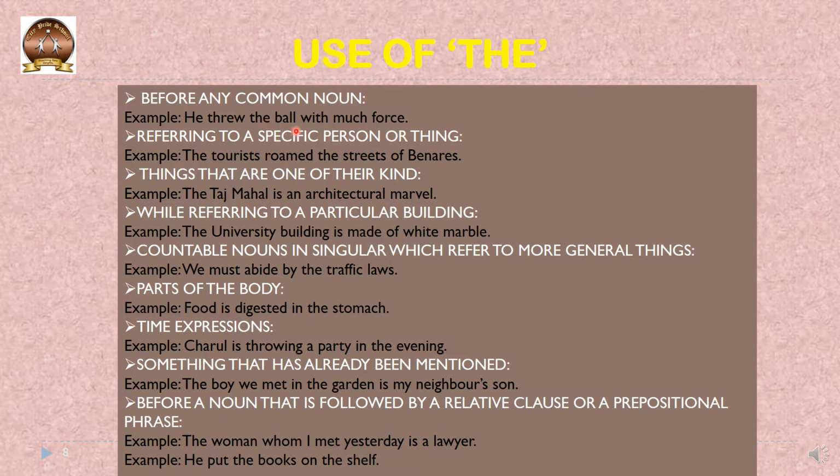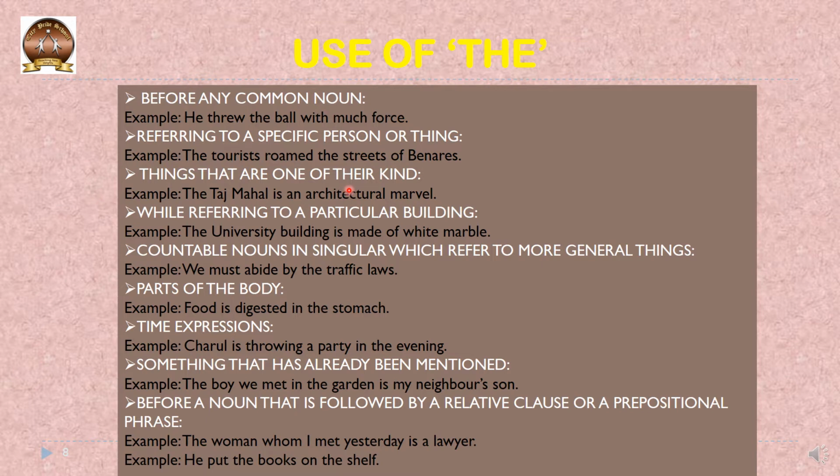So the ball is a common noun referring to a specific thing. The tourists roamed the streets of Banaras. So we are talking about specific persons, that is the tourists.